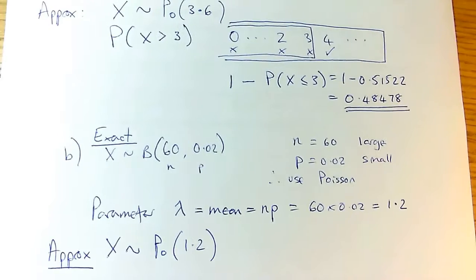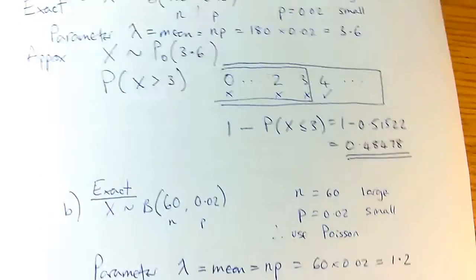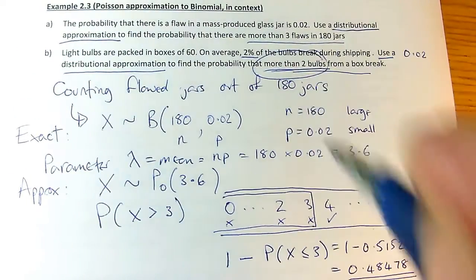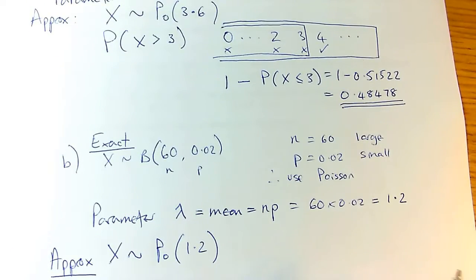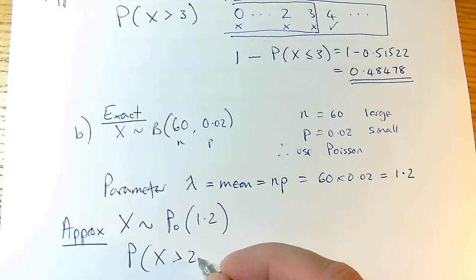How do I get a probability from that? Well, I need to set it up. I need to get back to the question, don't I? What probability do I want? I want the probability that more than 2 bulbs break. So I want the probability that X is greater than 2.